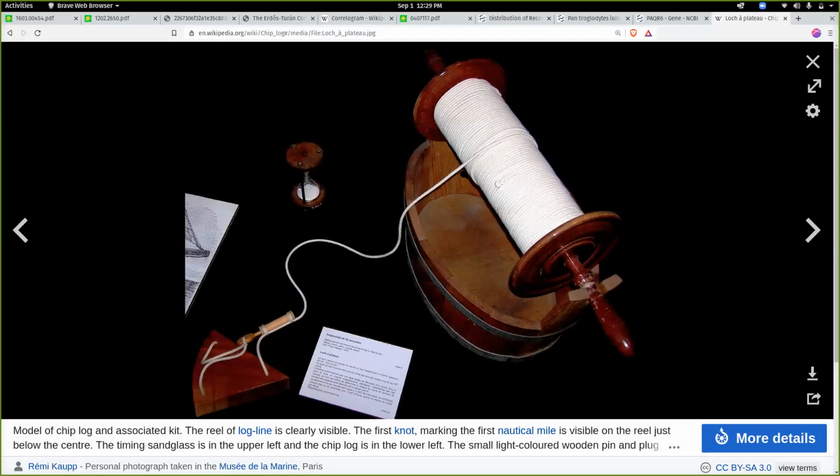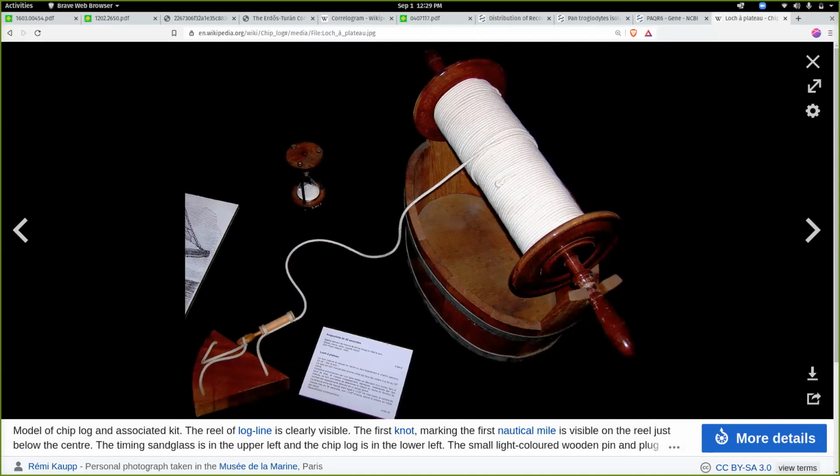And in the rope at regular intervals, there are knots. You can see one right there. So they have this hourglass here, and they throw this thing in the water, and then as the ship moves, this thing freely unspools. And they count how many knots go by until the sand in the hourglass has completely gone down to the bottom. And so that is how many knots the boat is going.